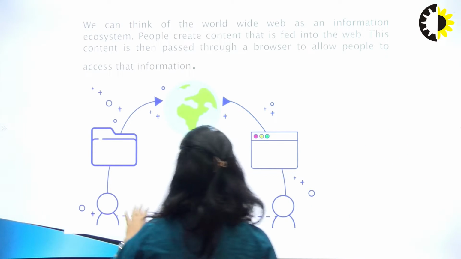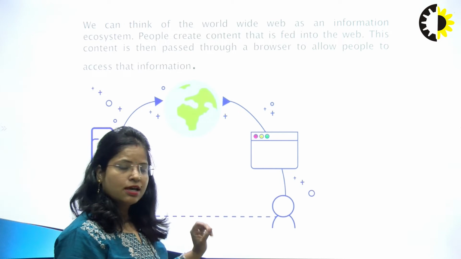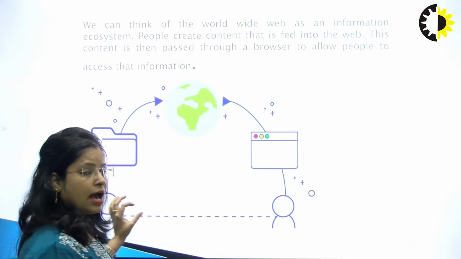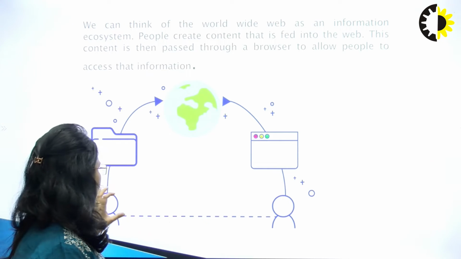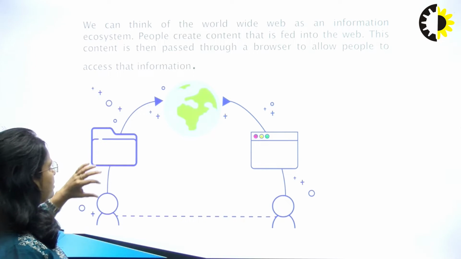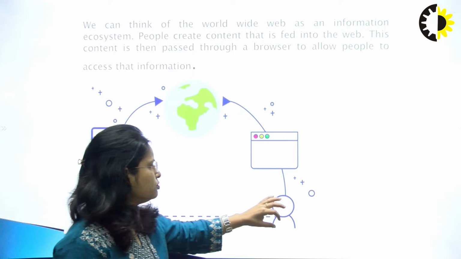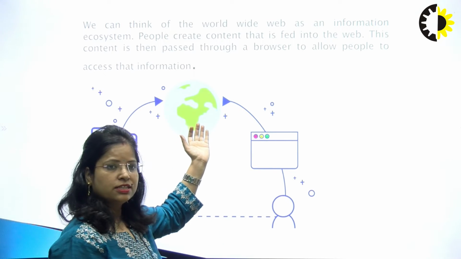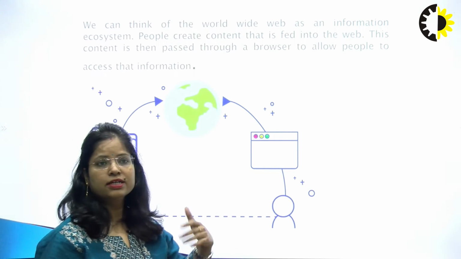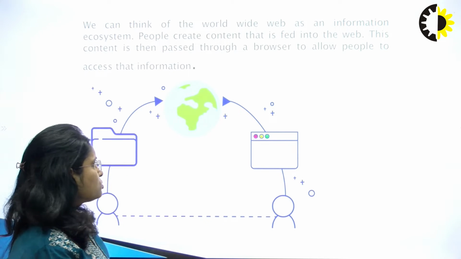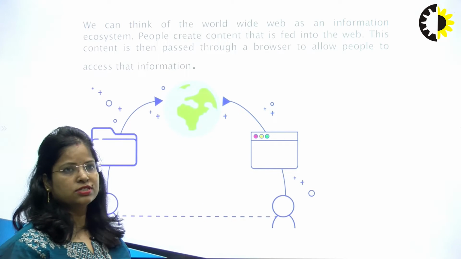Suppose these are the users, and one user acts as a content deliverer. It means one user delivers the content to the internet while another user fetches the content from the internet through some interface. So, this whole phenomenon is known as an ecosystem.